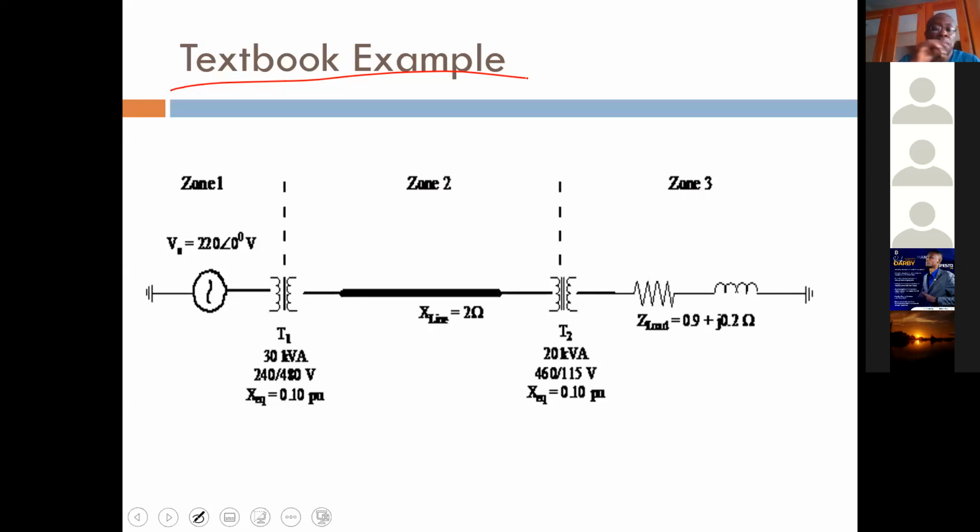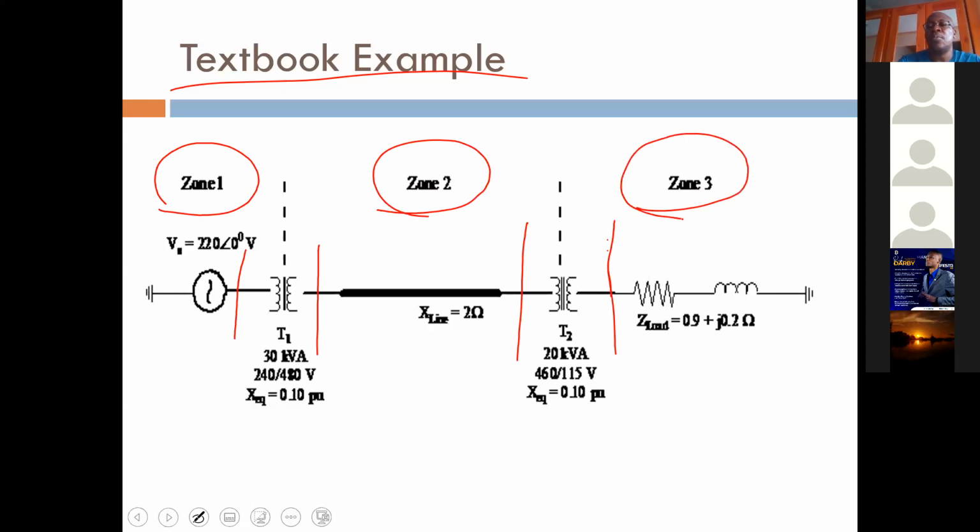What we have here, you would have a bus bar here, a bus bar here, a bus bar there, and a bus bar there. Now, because this is your first example, we have shown 3 zones.